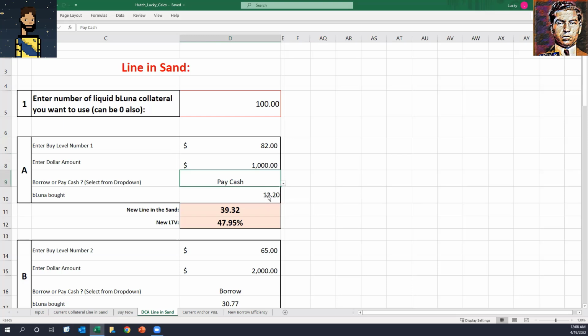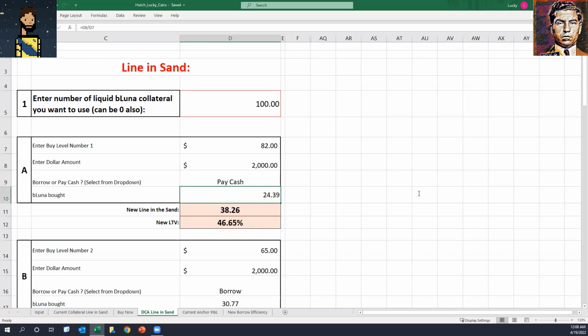Maybe you had dry powder and you were waiting for it to get to 60 and it didn't get there, and you're like, oh crap, I'll take 82. I'm sorry, I missed it. And let's not do 1,000, because this guy had about 30,000 in there, 300-something bLUNA. So let's say $2,000 of cash.